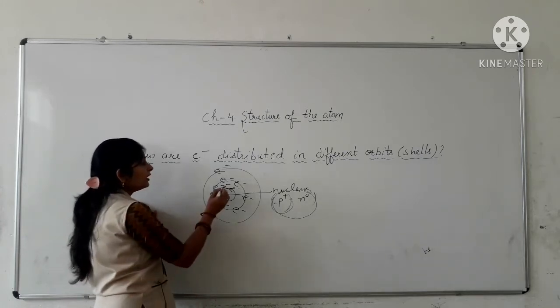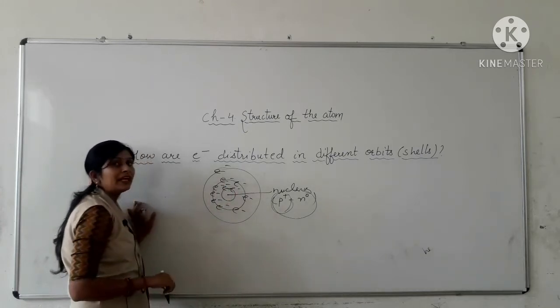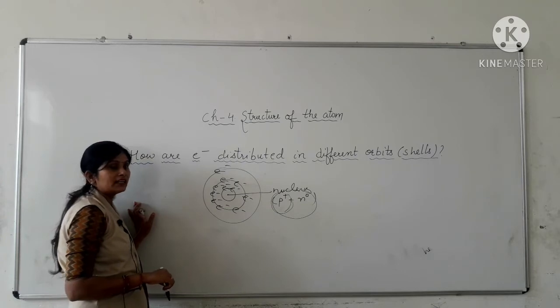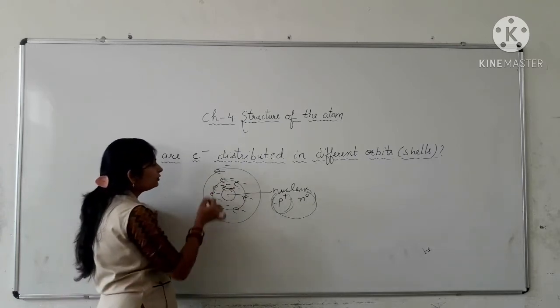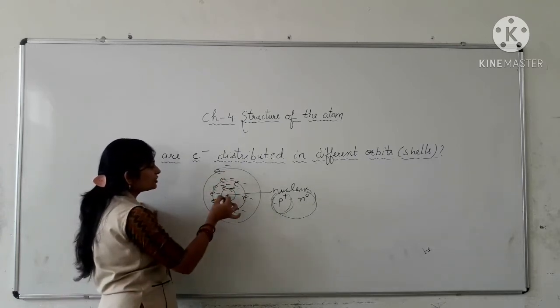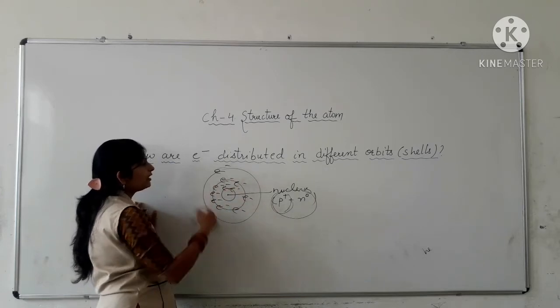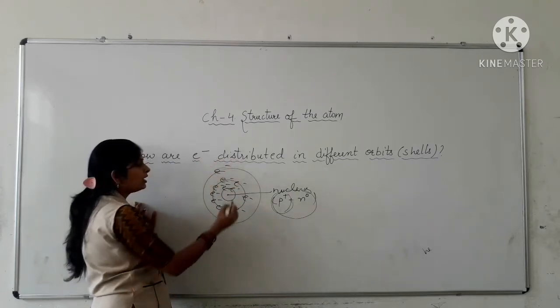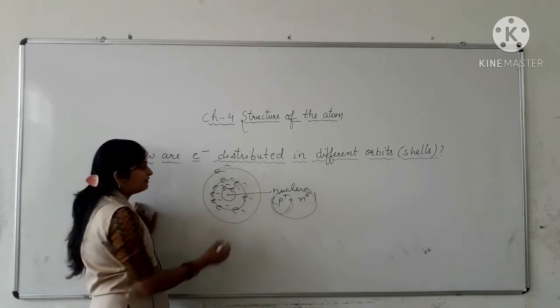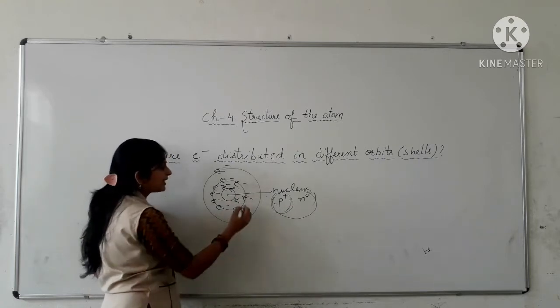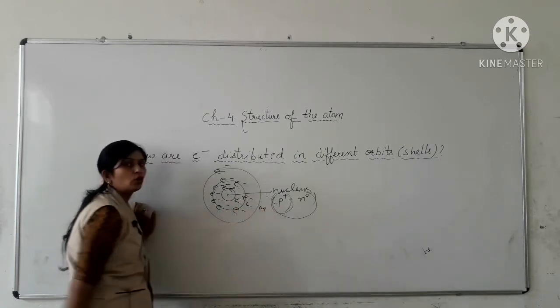Okay, now electrons being negatively charged particles revolve around the positively charged nucleus in fixed discrete orbits called shells or energy levels, named as K, L, M and so on.